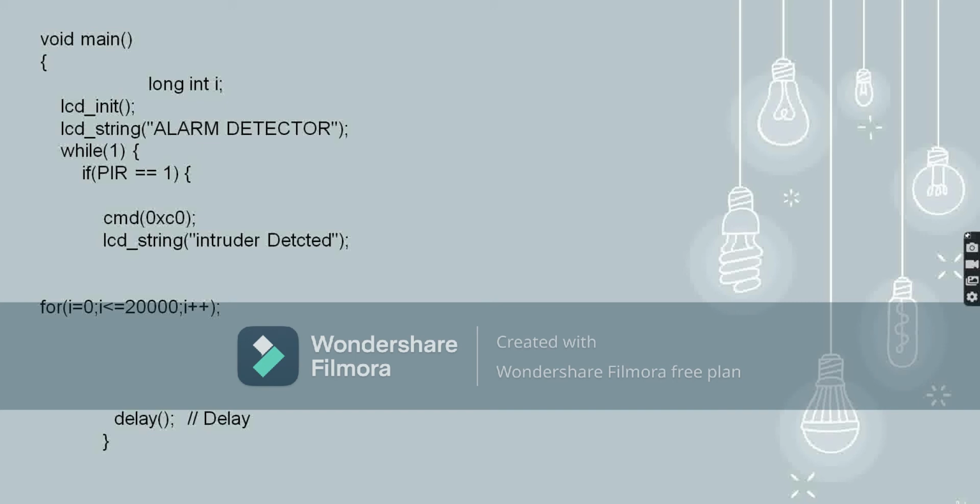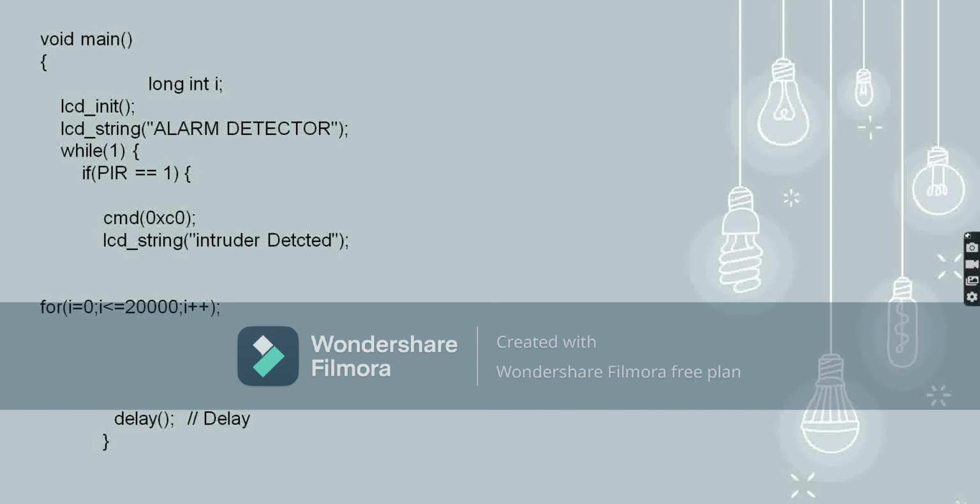So when the PIR sensor is equal to 1, it can give only two outputs, that is 0 and 1. When it is detected as the PIR is equal to 1, we are giving the command 0xC0, where it says that it forces the cursor to the beginning of the second line.